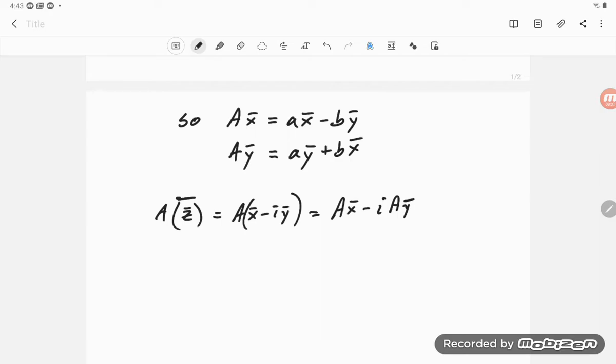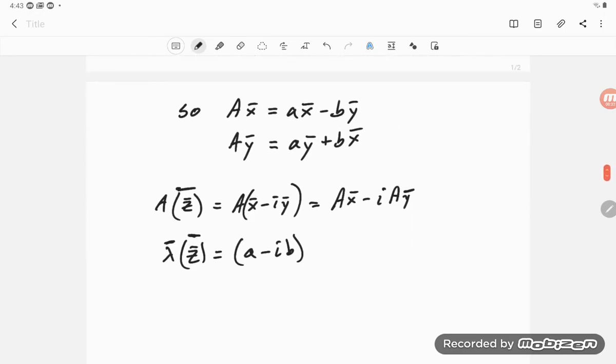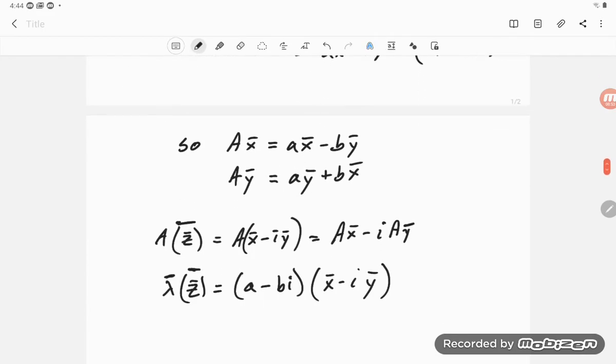There's the left side, and then if we take our lambda conjugate times z conjugate, we get a minus bi, I think I was doing bi's, yeah, let me keep it that way, and then times x minus iy, as opposed to the x plus iy.